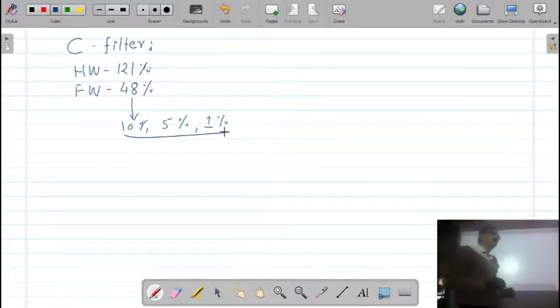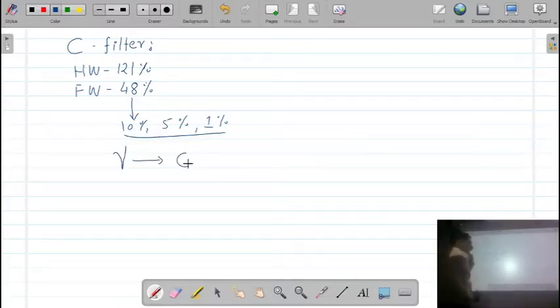So in this theory, we will try to find out the relation between the ripple factor and the capacitor. If we know this relation, then we can select or design the filter circuit according to our requirement of the ripple factor. So let us see how the capacitor is useful to minimize the AC component in the power supply.